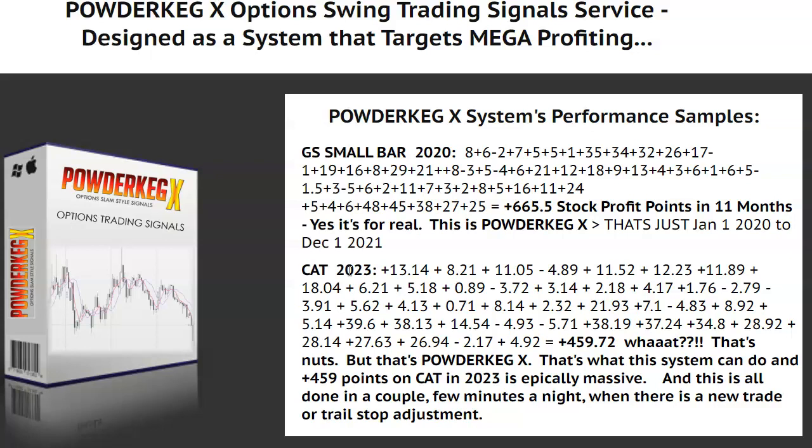But POWDERKEG X, you're going to have to, just like any of these other signals or trading systems, think longer term. Think bigger picture. Develop goals and plans and get organized to assess the systematic approach. It may take you years even to keep improving at your trading if you're on a plan to get to the point where you're consistently generating cash flow, not based on you learning intuitive lessons, but you becoming good at a system.